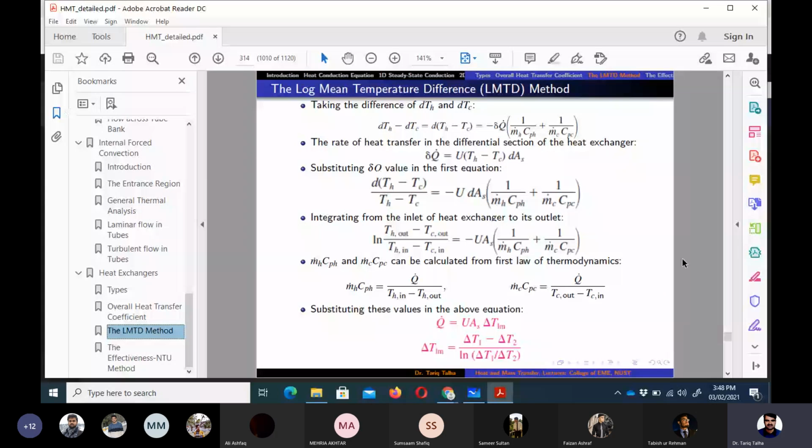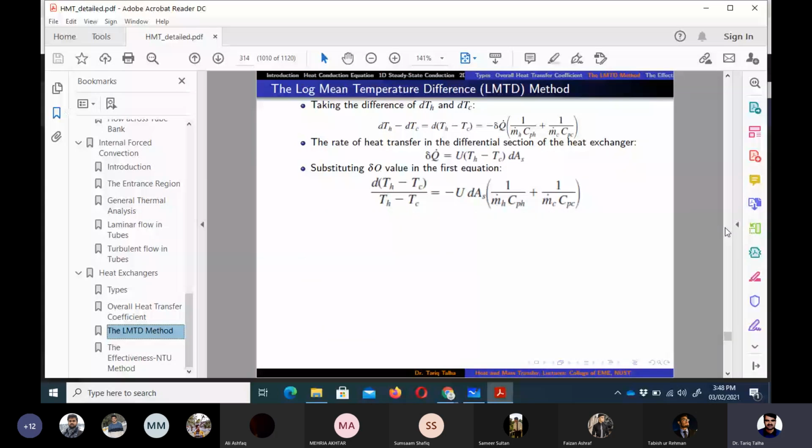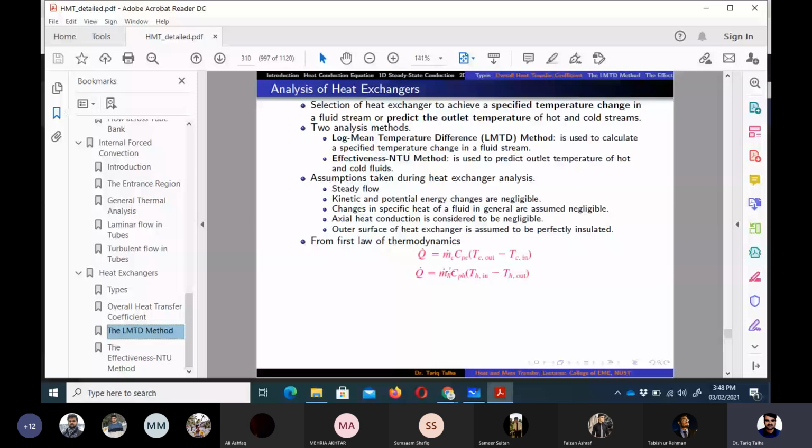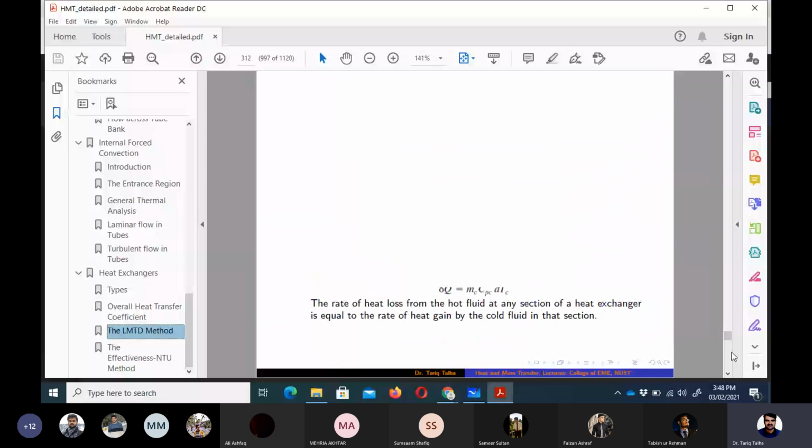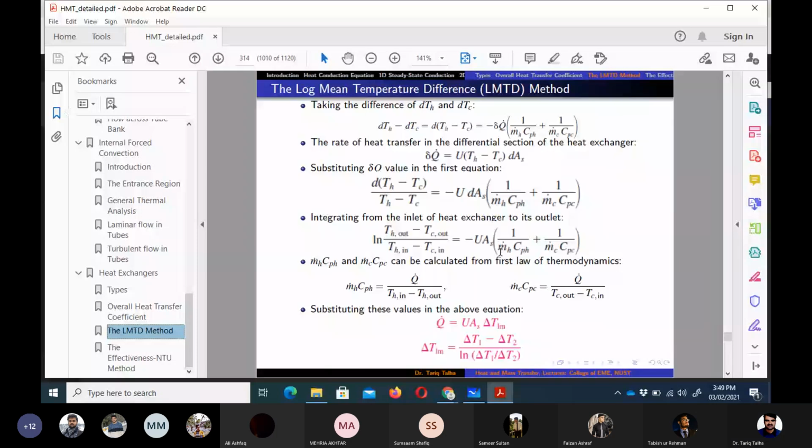If we remember where this came from, m dot c into Cpc and m dot h Cph can be equal to Q dot upon the temperature differences. If we replace those values here, then we can write Q is equal to U As into delta T logarithmic, and here delta T logarithmic is in terms of delta T1 and delta T2.